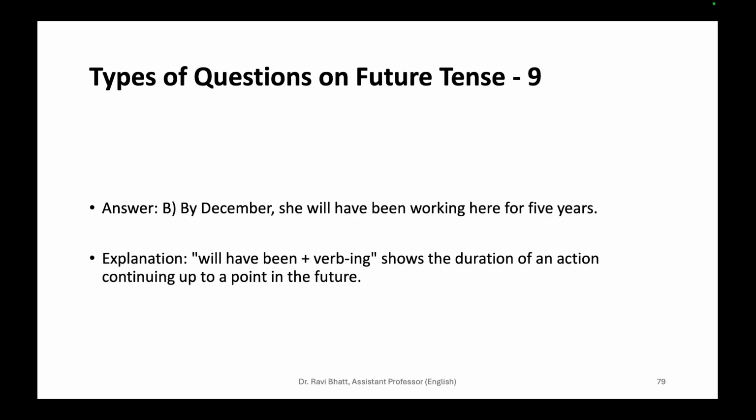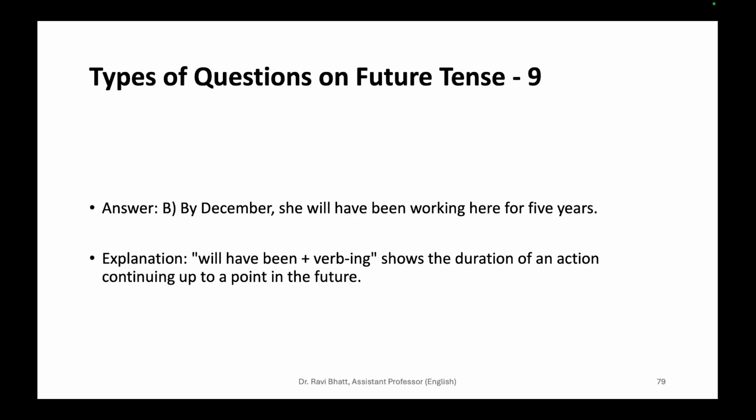Say a person named Catherine is working in our company, and say this is April, and I'm referring to a time reference of the future, and I'm telling you that by December, she will have been working here for 5 years. She will be completing 5 years. So the correct sentence construction in that scenario will be that by December, she will have been working here for 5 years.